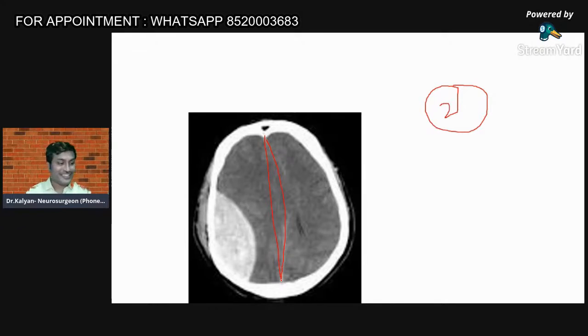Fine. So what is now done with the first scan? What is the answer for 2? This is the second scan. So what is the answer?